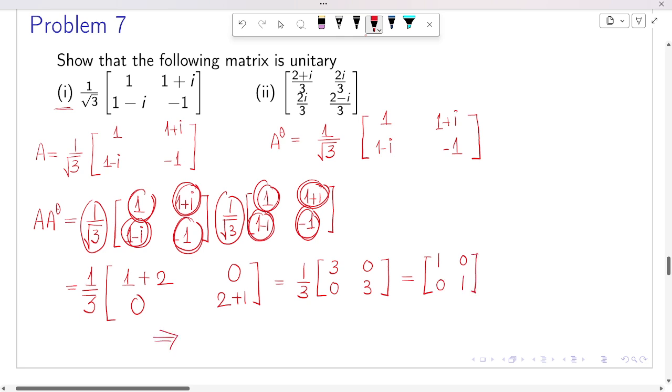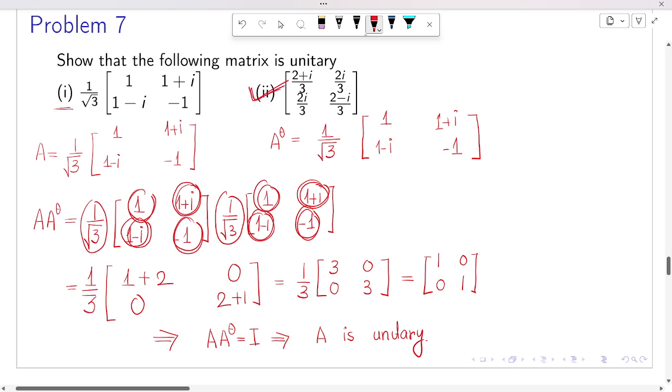It implies A into A conjugate is the identity matrix, which means A is unitary.